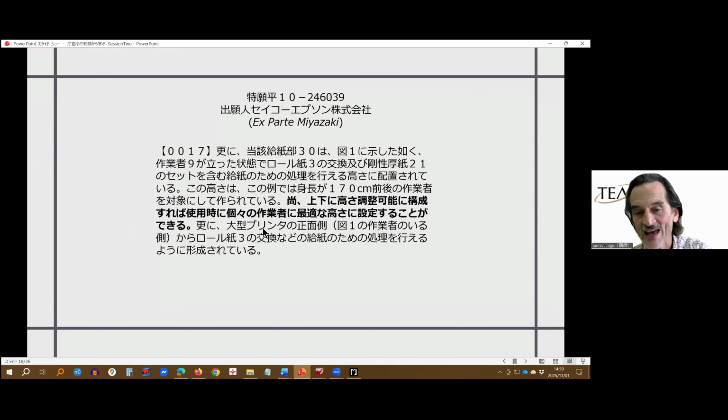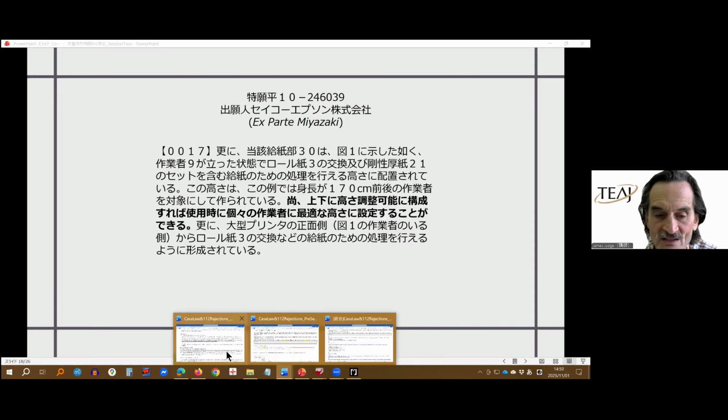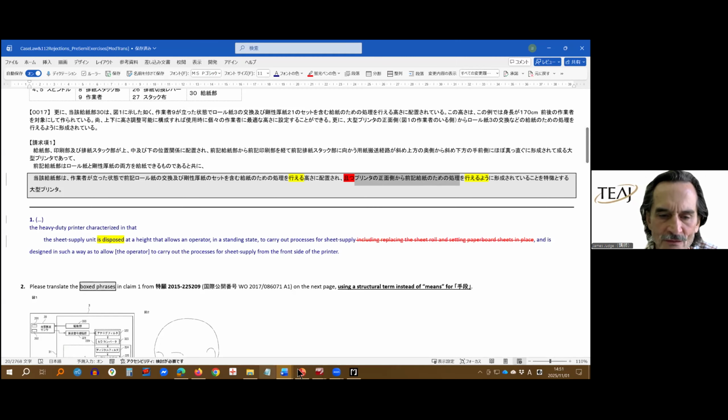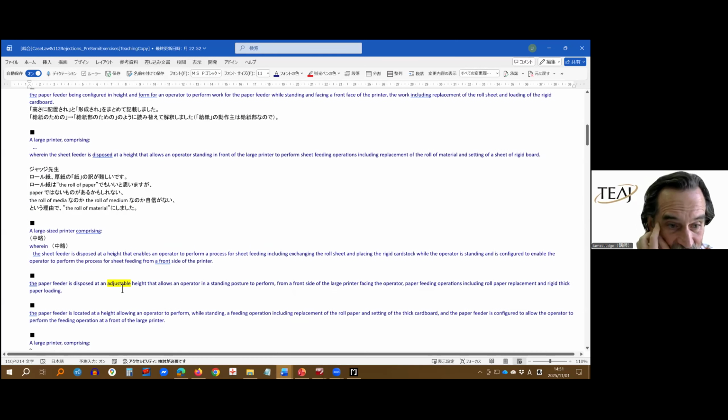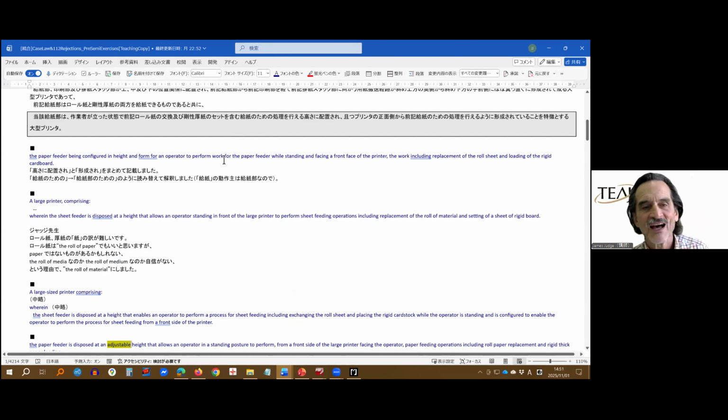So that is right there. There's adjustable. And there is a basis, there's support. There is definitely support in the specification for saying adjustable. However, it's not in the original claim.